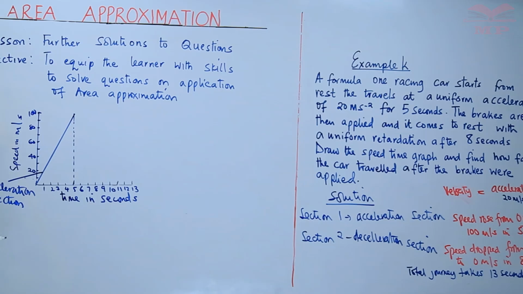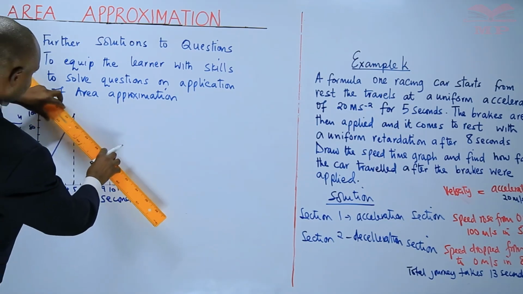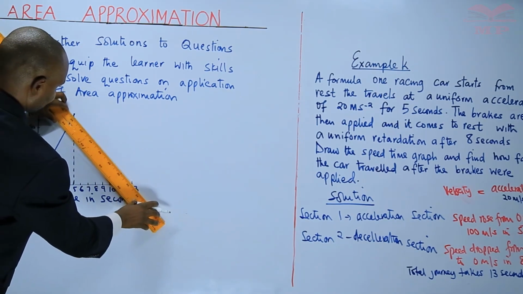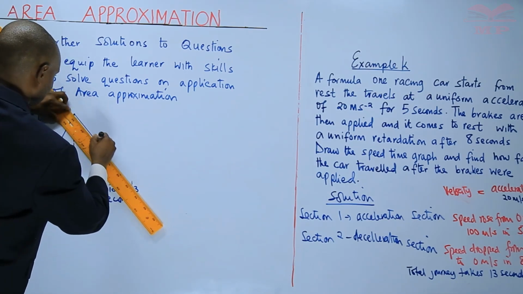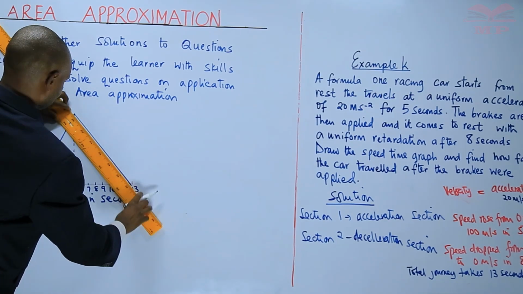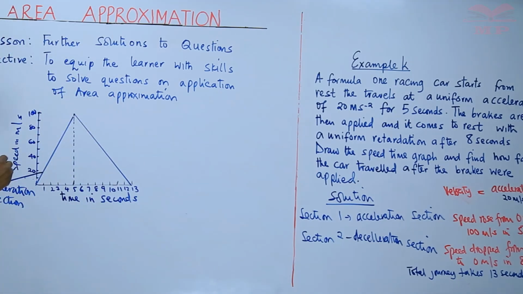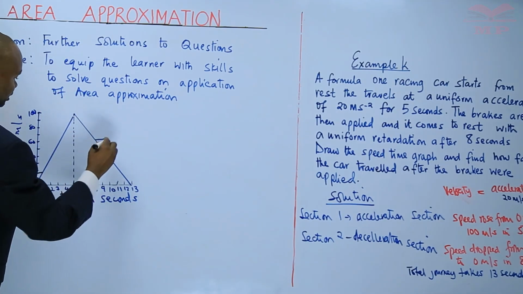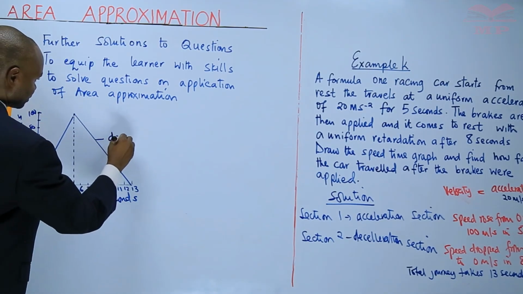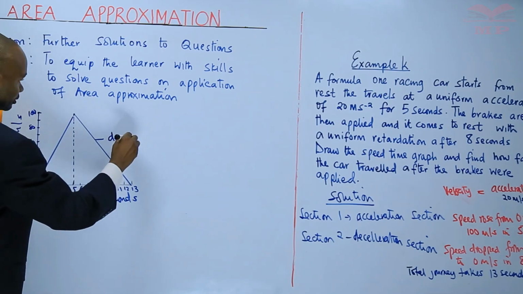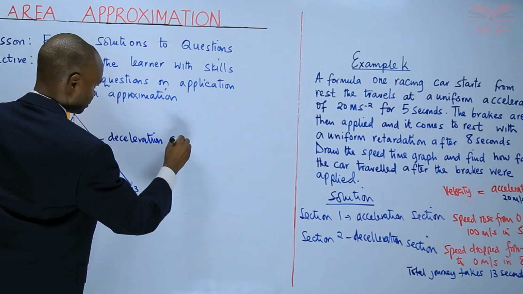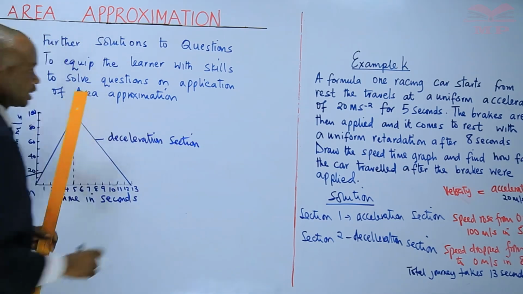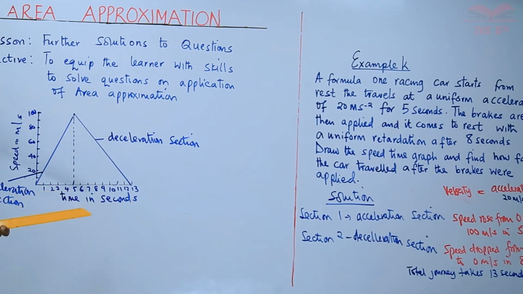But after that, we have the deceleration section. The speed then drops to 0 again in the next 8 seconds. So learner, you can write here, this is the deceleration. So you have enough information to solve that.